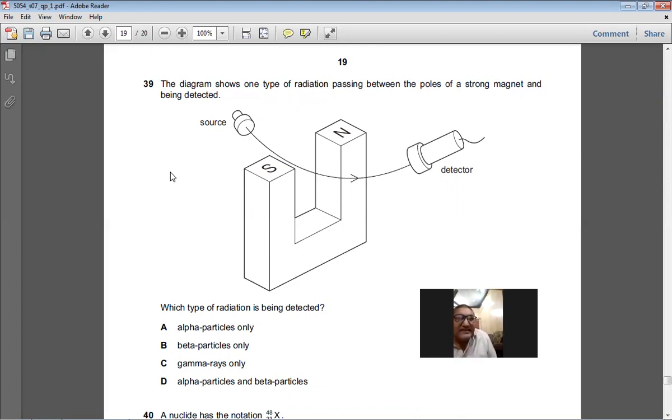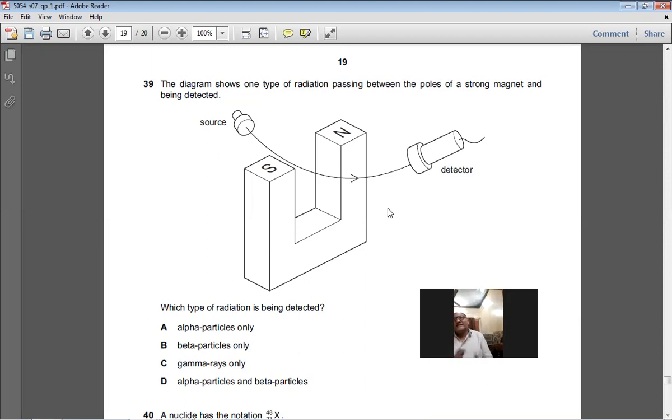If they were positively charged, they would have bent downward, but they have bent upward. You can see the detector looks a little higher compared to the source. So the particles have deflected upward. But when I apply my left-hand rule, my thumb points downward. They are acting opposite to what my thumb is predicting.